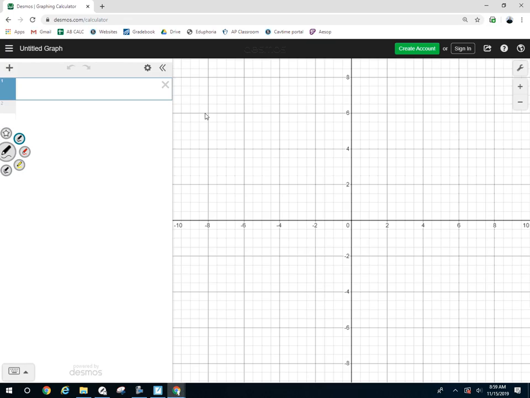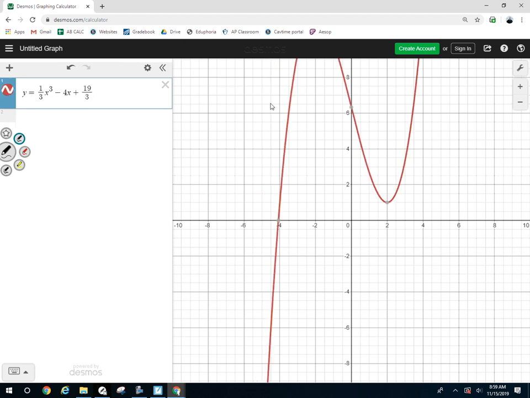One-third x cubed minus 4x plus 19/3. Ha ha ha. 2, 1, horizontal tangent. Second derivative is going to be 2x. Gosh, that's great. Great, great, great, great, great.